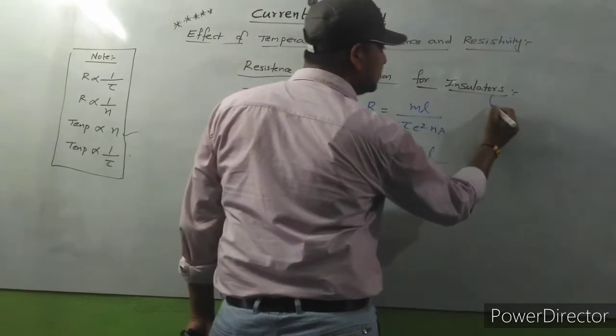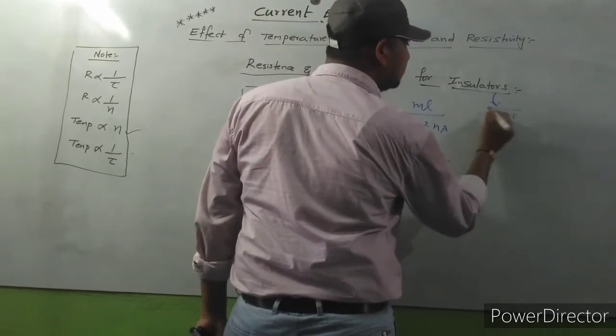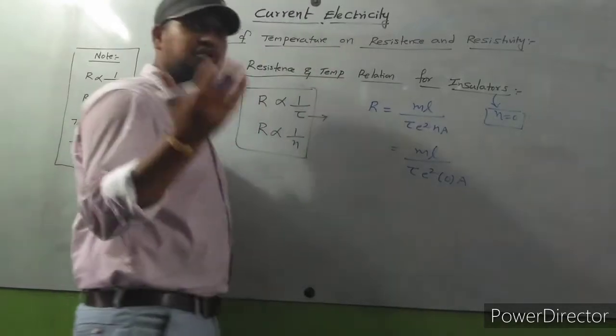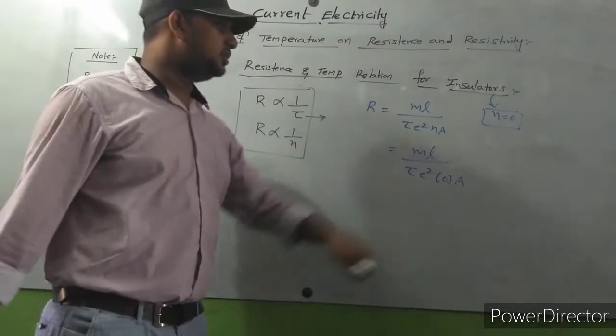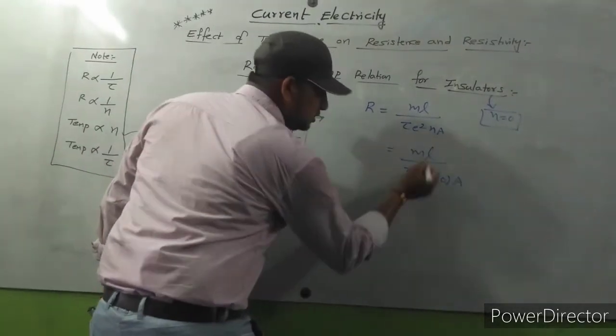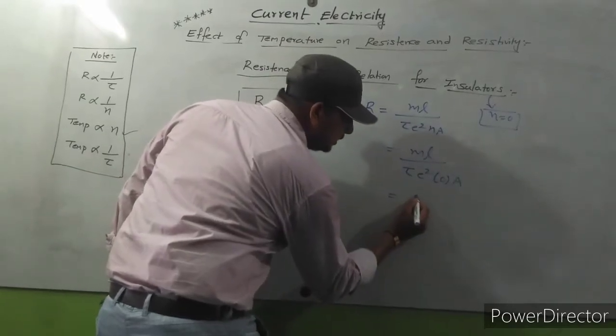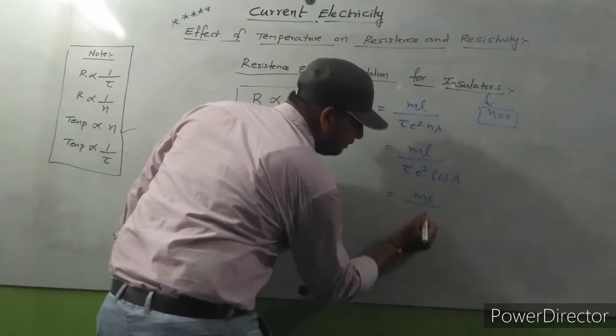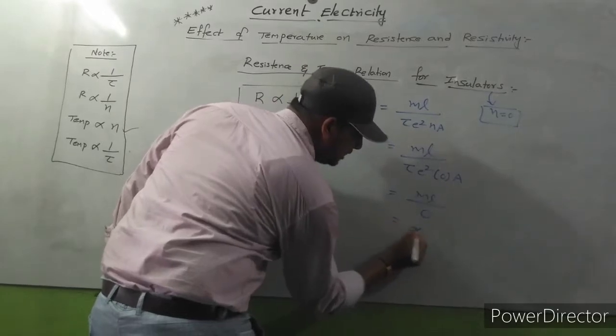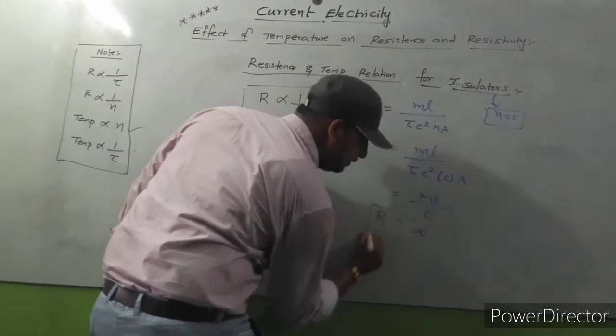In insulators, the N value is 0, because there are no freely movable electrons. Anything divided by 0 is infinity. So the resistance value is infinity.